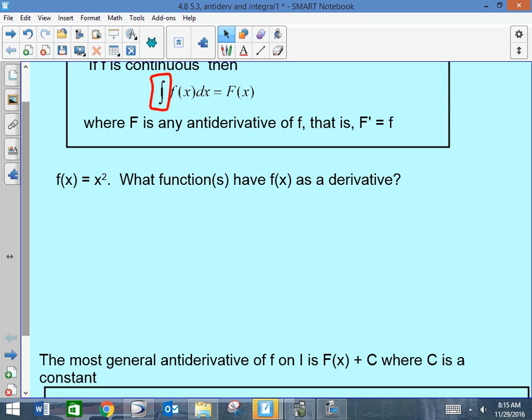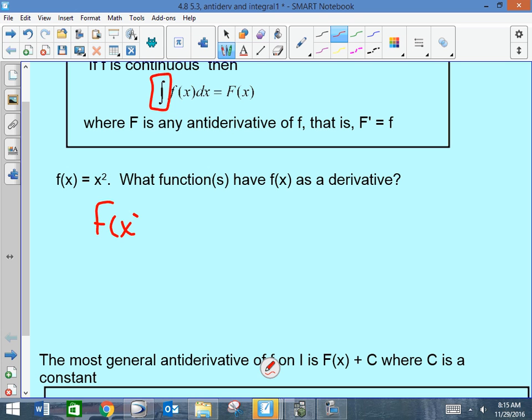Okay, so f of x equals x squared. What functions have f of x as a derivative? Come on, somebody's going to come up with the one, and then you'll go from there. Is it x cubed over 3?